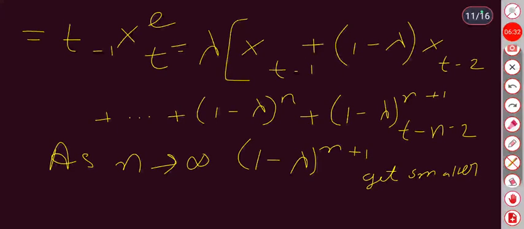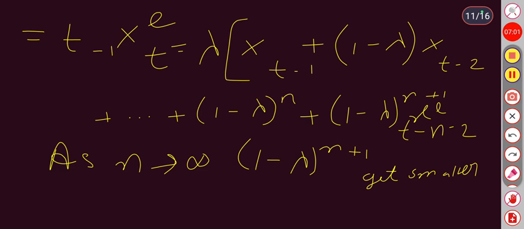Ultimately expected value of this period is equal to lambda x t minus 1 plus 1 minus lambda x t minus 2 and so on, plus 1 minus lambda to the power n plus 1 times expected value of t minus n minus 2.